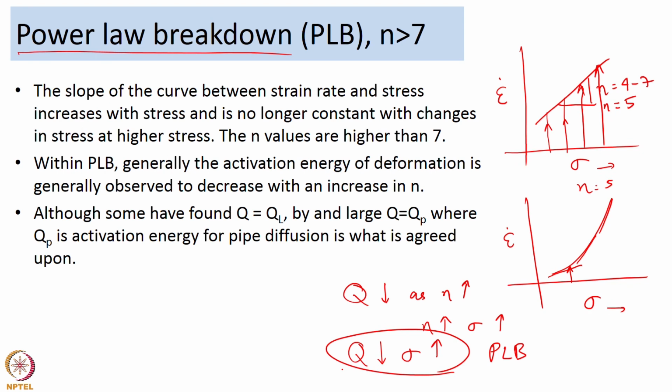Now, in power law breakdown, while some people have noticed that the activation energy of deformation is close to that of lattice diffusion, by and large people claim that Q is equal to Qp, where Qp is the activation energy for pipe diffusion. This is what people have agreed upon. Pipe diffusion we will talk about. People say that in the power law breakdown regime, the activation energy for deformation is equal to that of pipe diffusion.